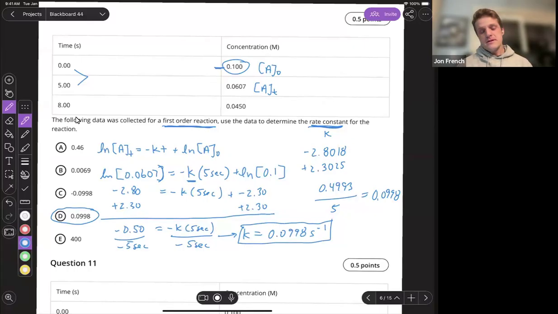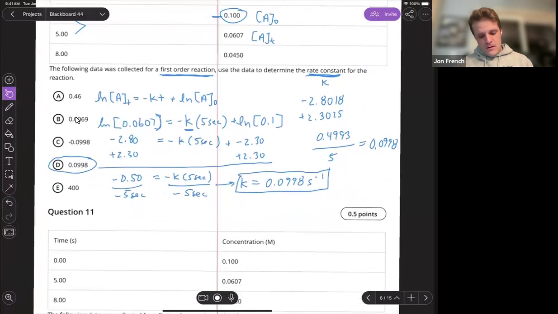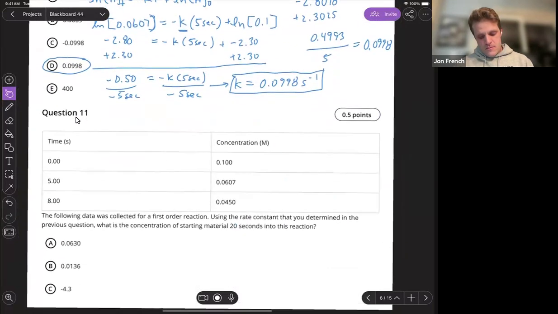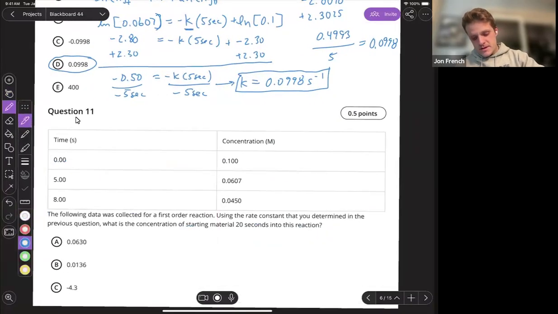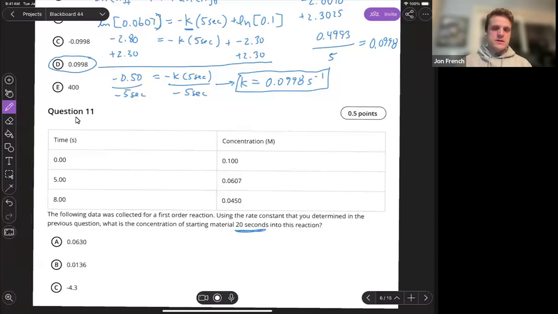But for that question, they tell us it's first order. We want to use the integrated rate law for a first order reaction. That's the key to that question. And then based off of that, we found the rate constant. Now they want us to find the concentration 20 seconds into the reaction. So this is the one that's a little bit tricky. Based on our information from previously, it's still first order.